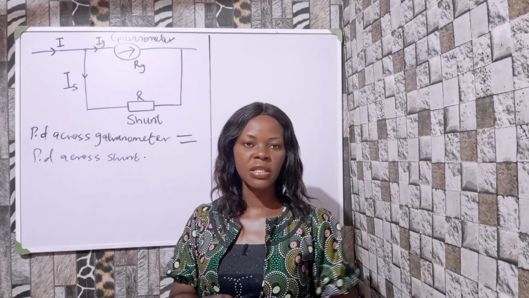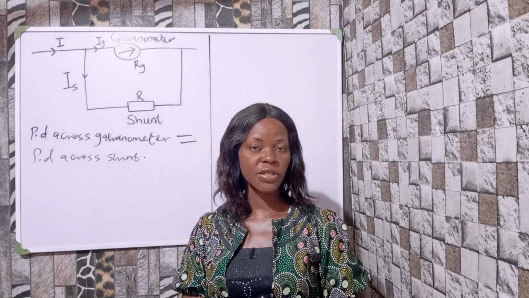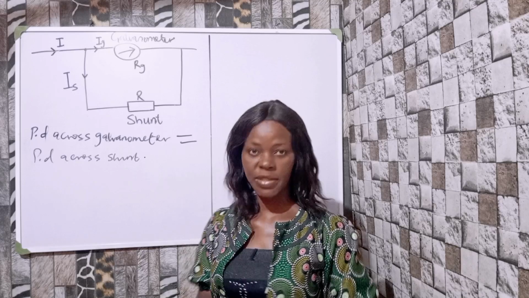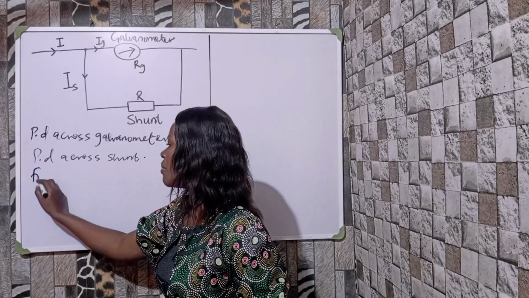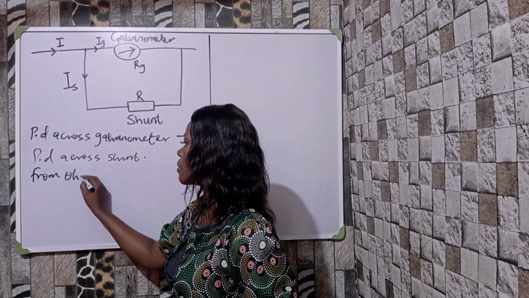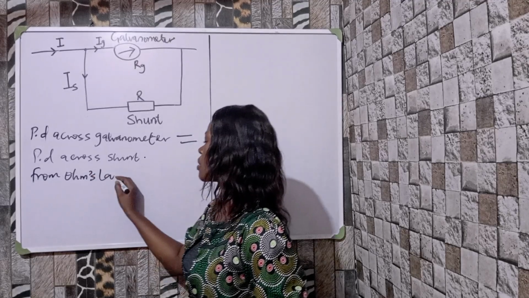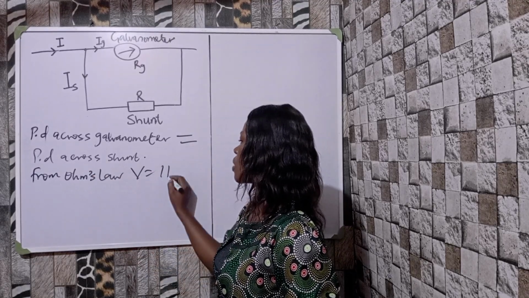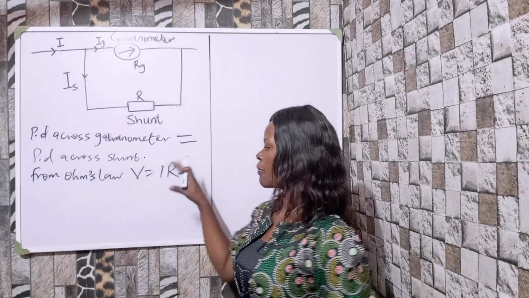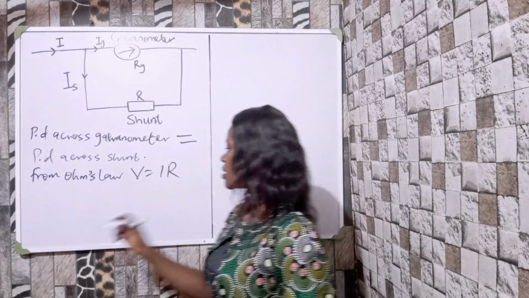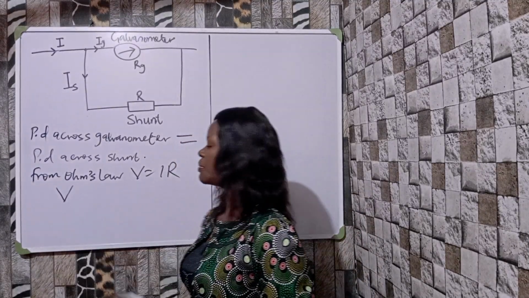But you know what is PD? From Ohm's law, potential difference is equals to current times resistance. Okay, so I can make reference from Ohm's law. From Ohm's law, V is equal to what? IR.